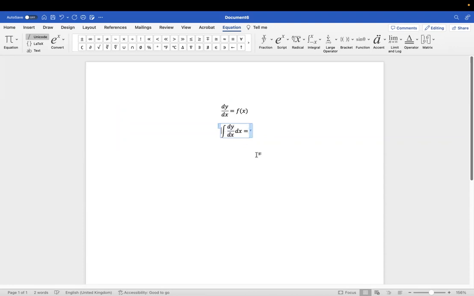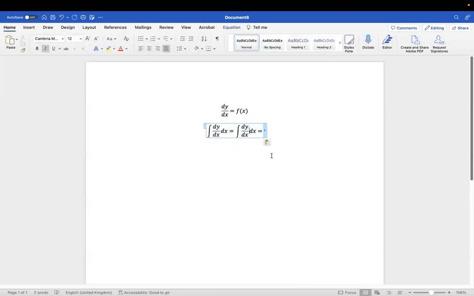If you want to write in the limits of this integration, we are integrating from x1 to x2. So this is basically the integral of dy. So if we look at this, this is nothing but the integral of dy.